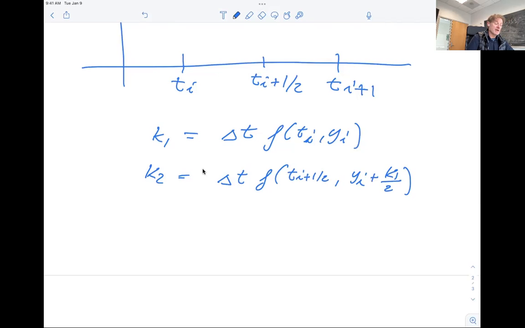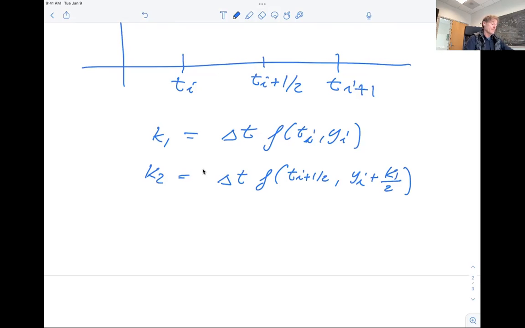So we evaluate this K1. It gives us the original slope at the starting point. And remember now that the starting points are always well defined because we have to give the initial conditions. And the initial conditions in our case give us either the initial velocity, the initial position, or whatever kind of initial system we are considering here.